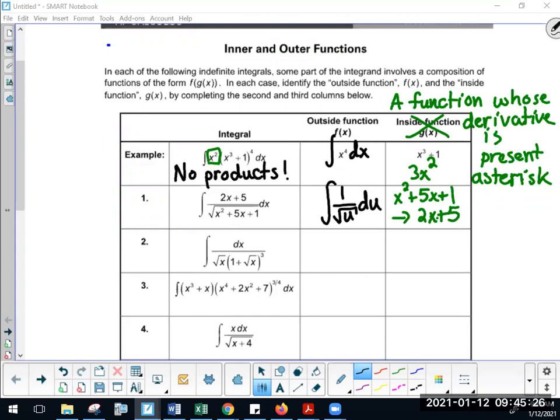So check out this next one. This next one is the antiderivative of dx in the numerator, square root of x times quantity of 1 plus square root of x in the denominator. Sorry, that's cubed, okay? So here's what I want you to imagine. I want you to imagine that this one right here could be changed into this one.